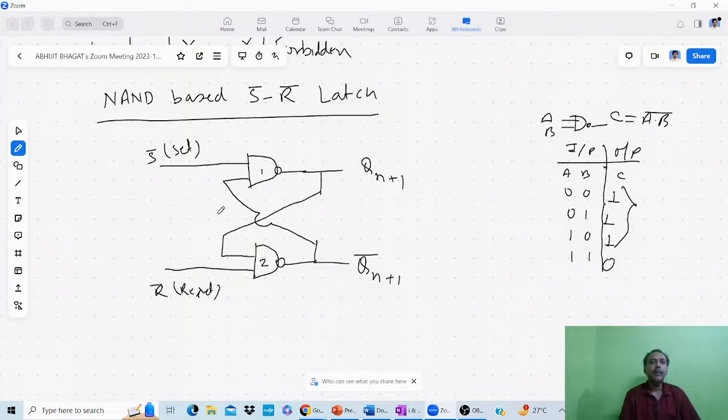Okay. Now we discuss the truth table for the NAND based SR latch.